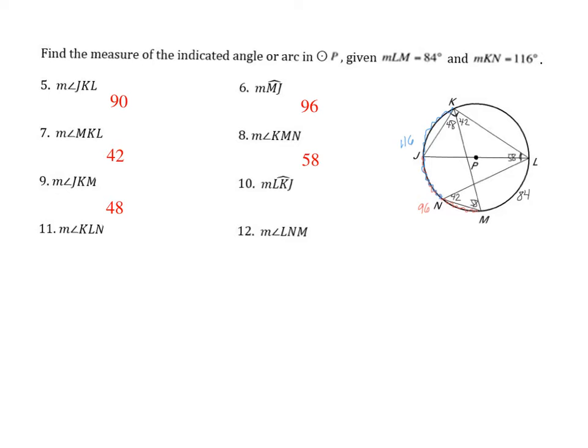Arc LKJ, L to K to J. I didn't fill that one in, but I do know because of that diameter right here that L to K to J has to be a semicircle, so I know it's going to be 180. Next one, KLN, 58. We filled that one in because it was an inscribed angle. And the last one, LNM, find that in our picture, it was 42 degrees.